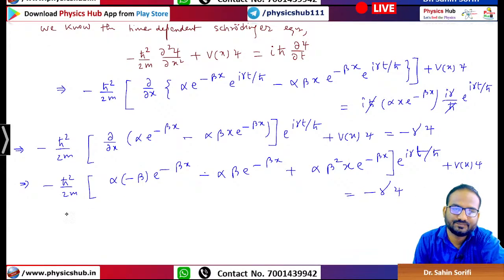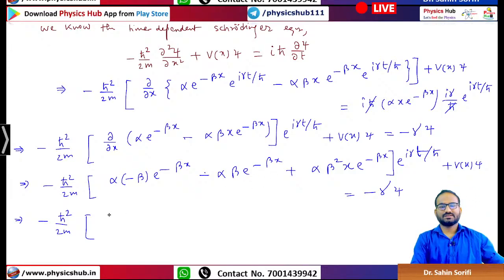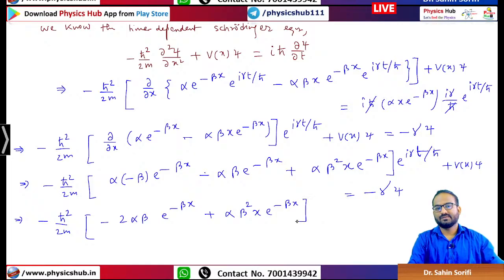Next, minus h cut square by 2m. Look, minus alpha beta it is minus beta x, minus alpha beta it is minus beta x. So minus 2 alpha beta e to the power minus beta x, and here it is alpha beta square x e to the power minus beta x, multiplied by e to the power i gamma t by h cut, plus v of x psi minus gamma psi.